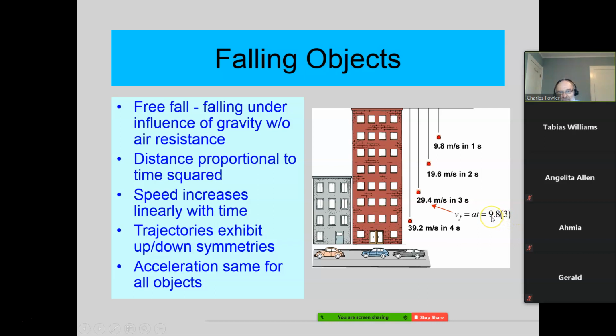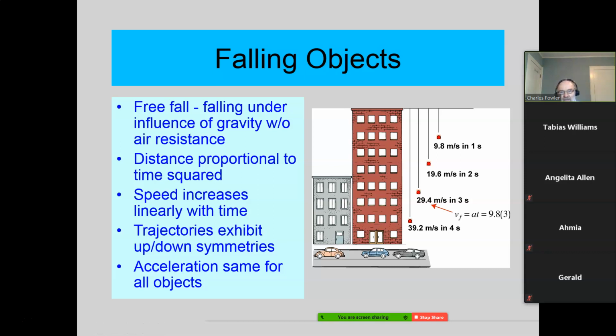That should be meters per second squared. This should be seconds. Cancel one of the seconds out, and you get meters per second. That's where the 9.8 up here comes from. That's not the same as this one. This is the acceleration, 9.8 meters per second squared. That's the speed, 9.8 meters per second after 1 second. And you put that same t in any of those places, and that's how you get your speed variation.